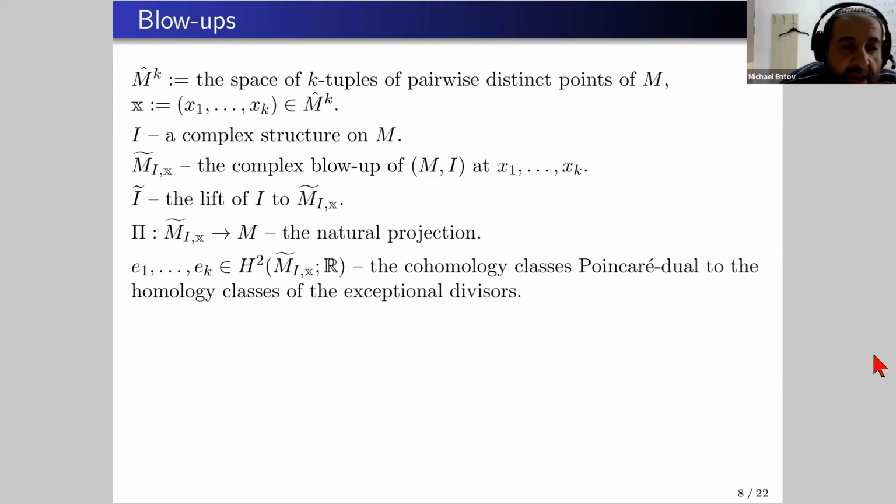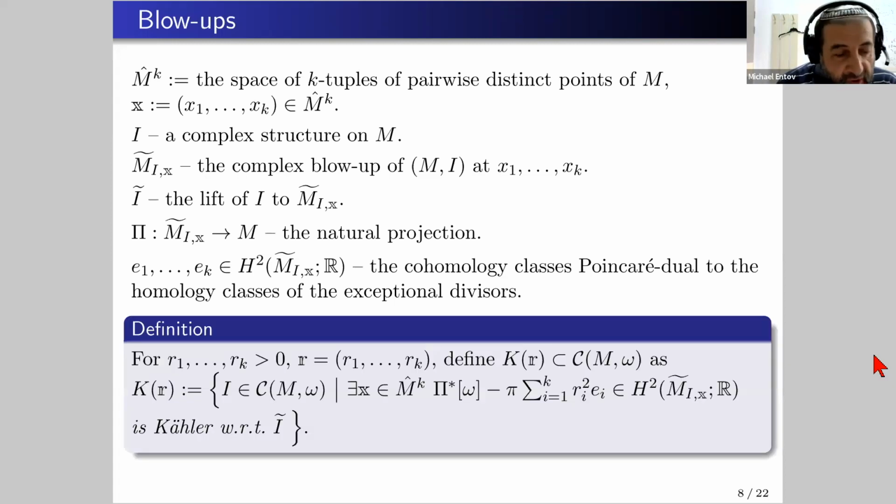And then E1 up to Ek will be the homology classes Poincare dual to the homology classes of the exceptional divisors. Okay. And then the relevant homology classes of the blowup, which you have to understand whether they can be realized by Kähler forms or not, are the following classes. So you pick real numbers R1 up to Rk.